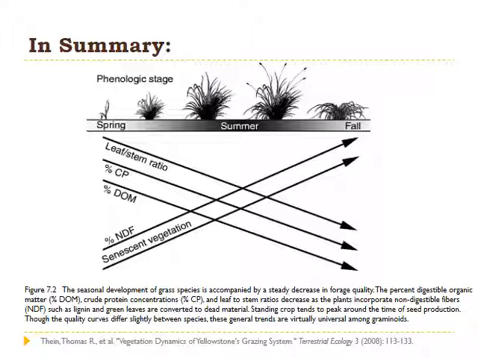And then the other thing that happens as the season goes along is the plant quits growing. It becomes senescent. And remember, plants that are growing, plants that are actively metabolizing, have soluble compounds in their cells. So as plants die, they lose those soluble compounds and they become standing cellulose. So those are the main factors that are increasing and decreasing throughout the year to reduce forage value of plants.